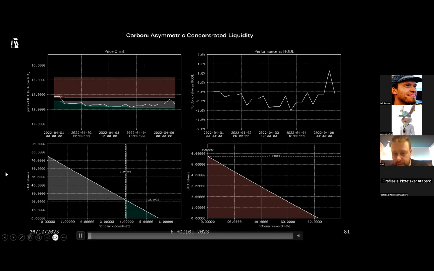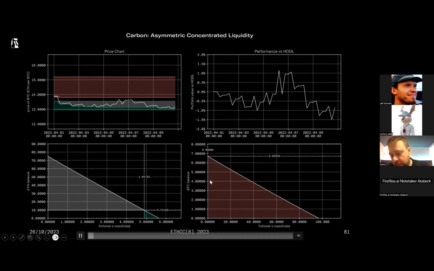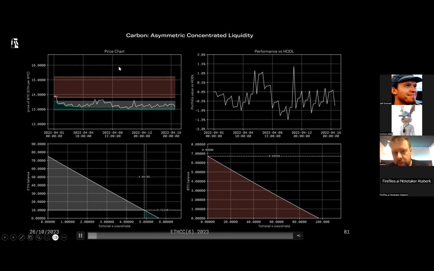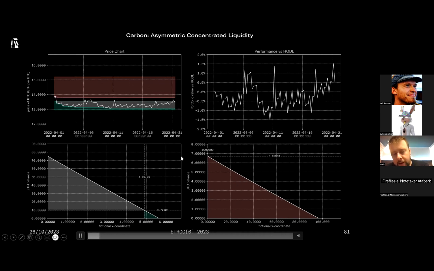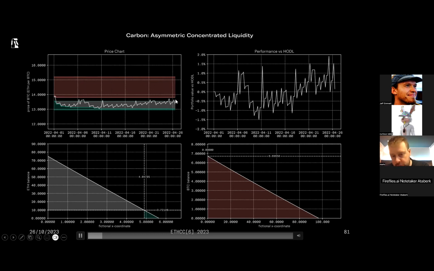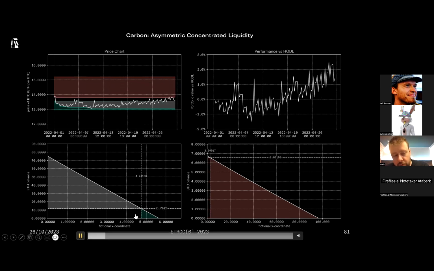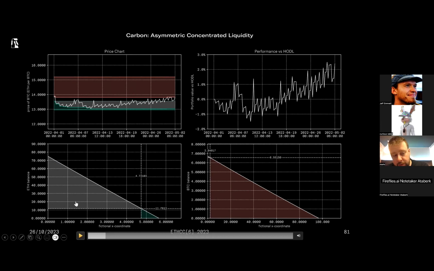And so as I let that play out, you can see that, again, this is just a different graphical representation of what we're seeing on the price chart. But essentially, there is no BTC balance in the ETH pool, and there is no ETH balance in the BTC pool. There is only one token in each.